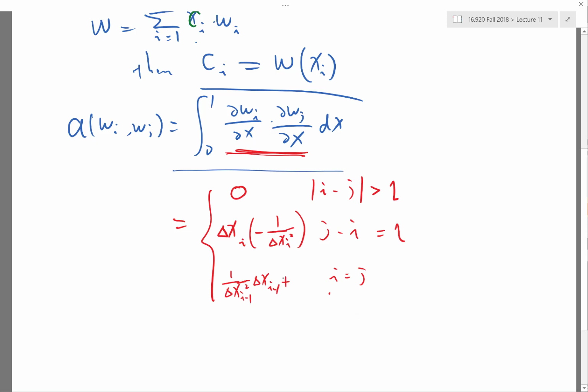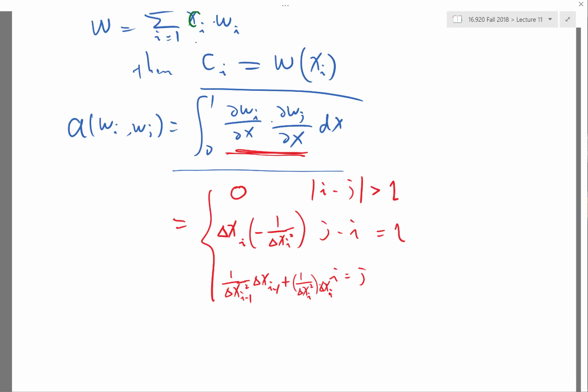And then I need to add another element. In this other element, I have a derivative of minus 1 over delta xi, but because I'm squaring it, the minus doesn't matter, so it's multiplied by delta xi, the size of the domain. So that's the case when i is equal to j.